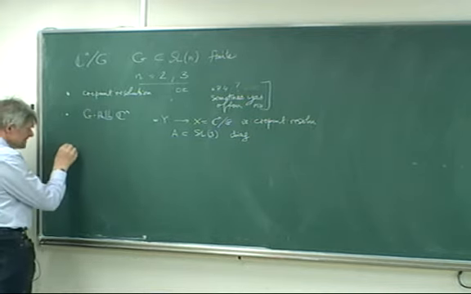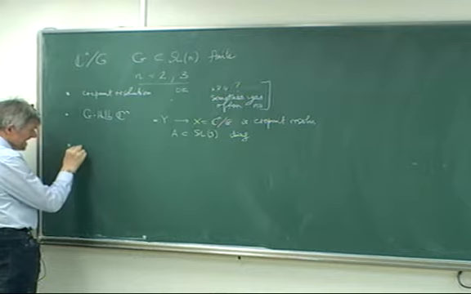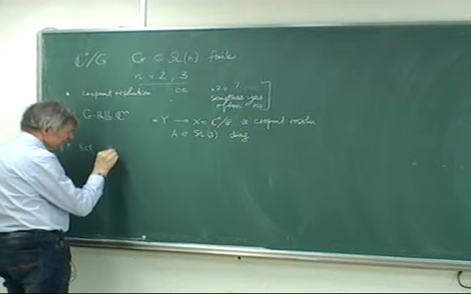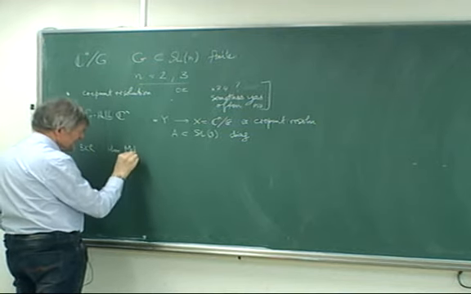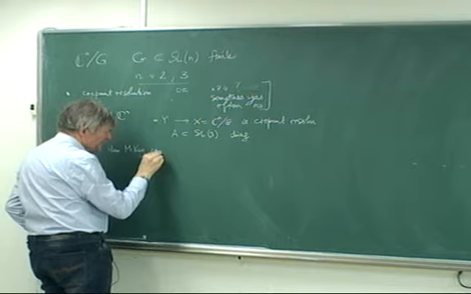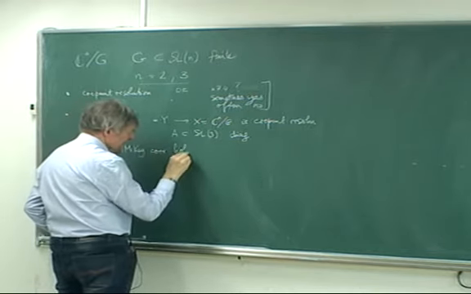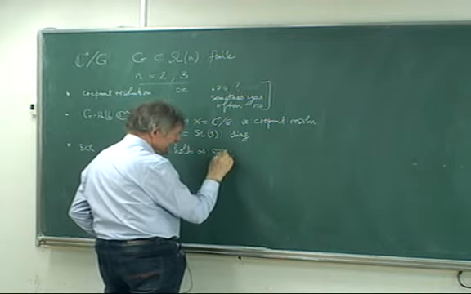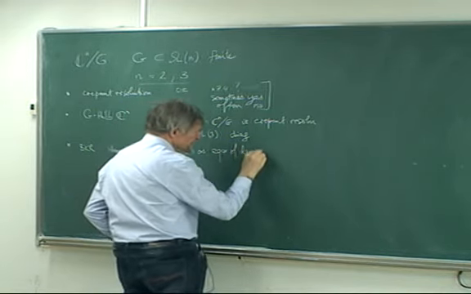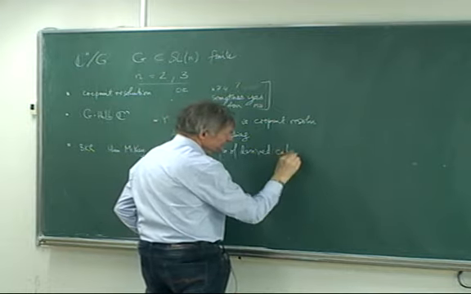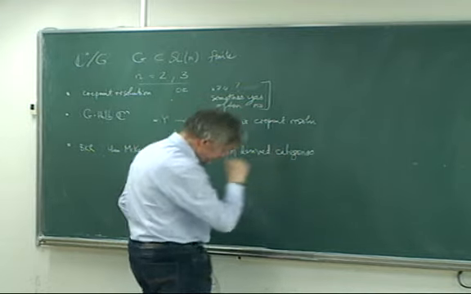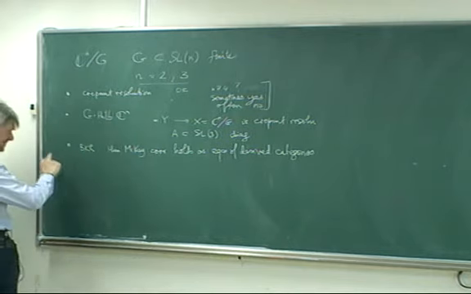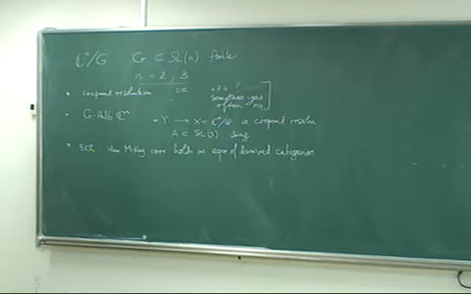And then there is the BKR result that says the McKay correspondence holds as an equivalence of derived categories. I will mention this and say a little bit what it means.